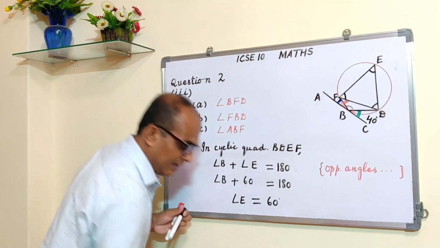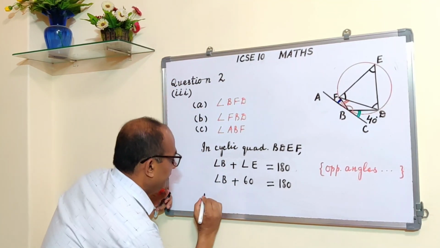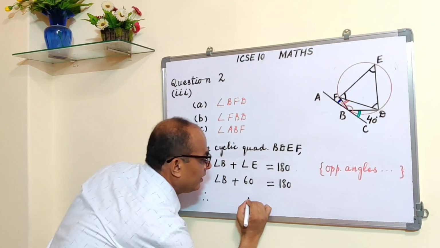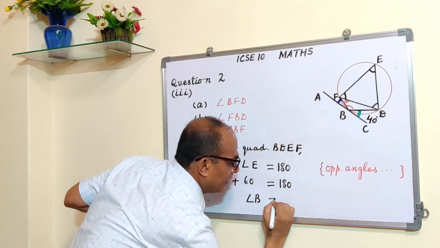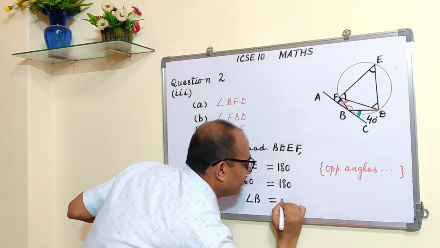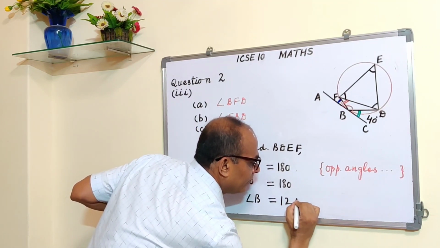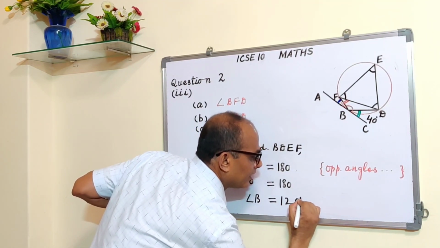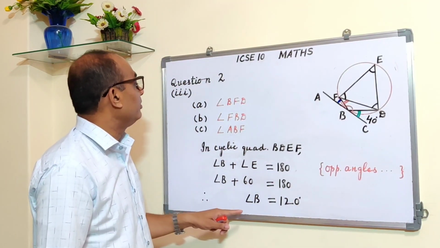Therefore angle B is equal to 180 minus 60, and then subtract. So 180 minus 60, which is 120. I am writing 120 directly, but you don't do that, you show steps. You show the step 180 minus 60 and then write down 120. So angle B also we got.